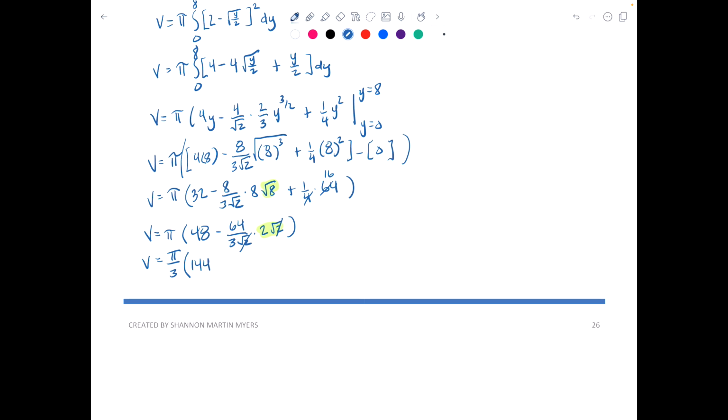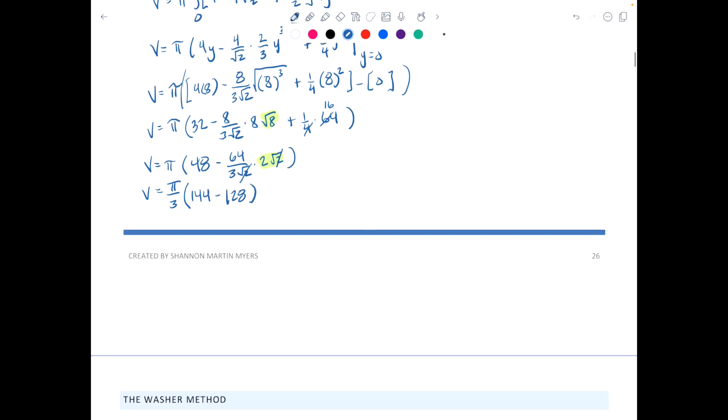And then minus 128. So our volume will be pi over 3 times 16. So we'll get 16 pi over 3 cubic units for this one.